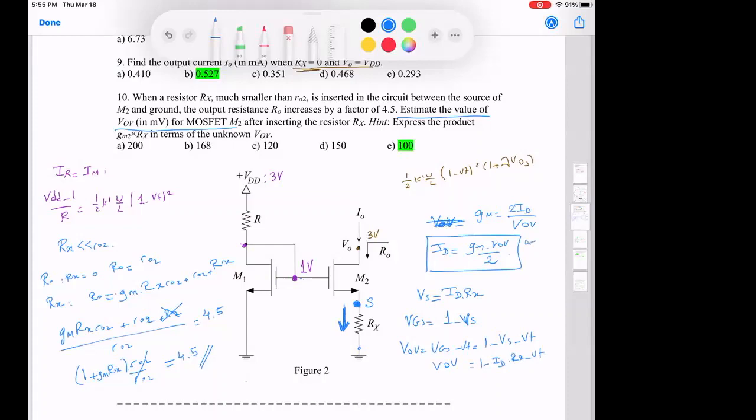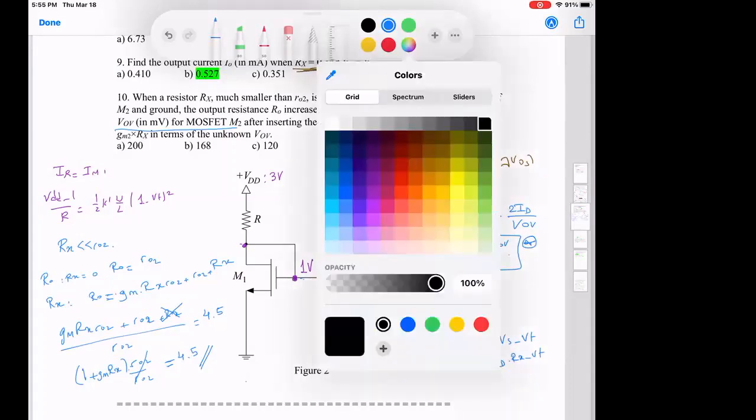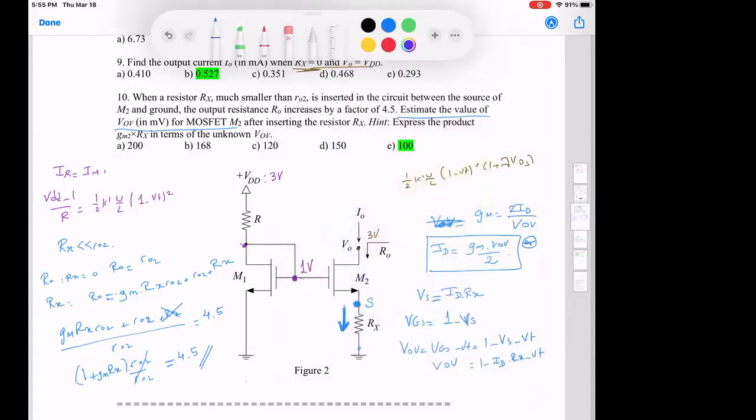So I'm going to put a star on this equation here and write it in another color. What do we have now?